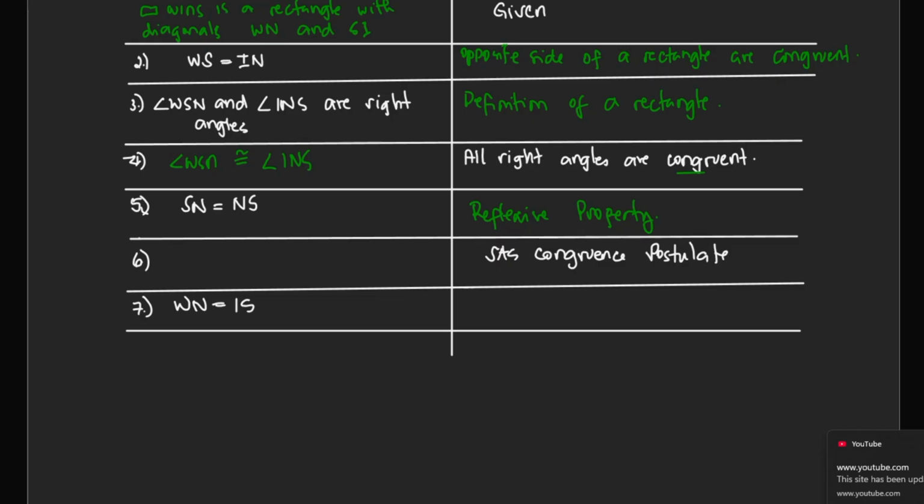Ibig sabihin, yung angle is nasa gitna and yung dalawang S, those are side. Okay. Pag sinabi natin SAS congruence postulate, state that two triangles are congruent if the two sides and the included angle of one triangle are congruent.